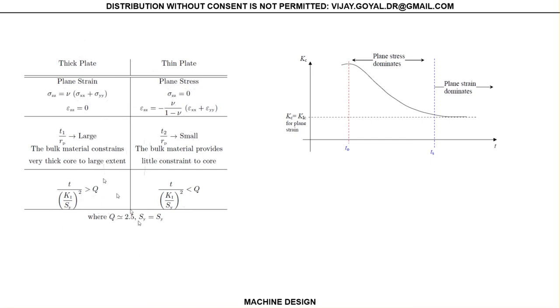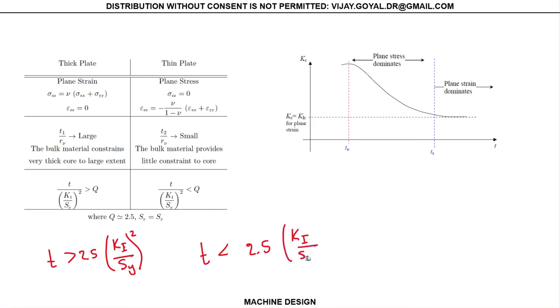So basically, what you're saying is your T here is bigger than 2.5 times (KI/SY) squared. Here, to be considered thin, it has to be less than 2.5 (KI divided by SY) squared.